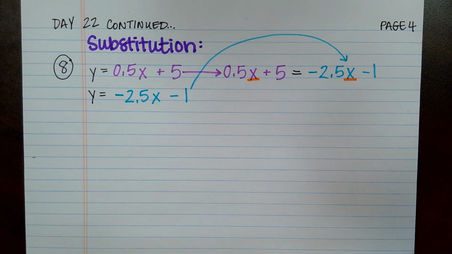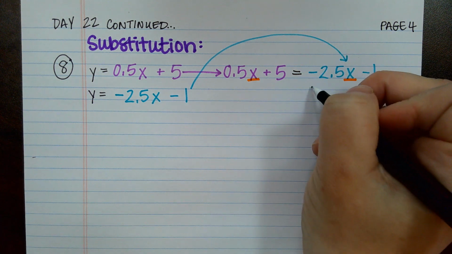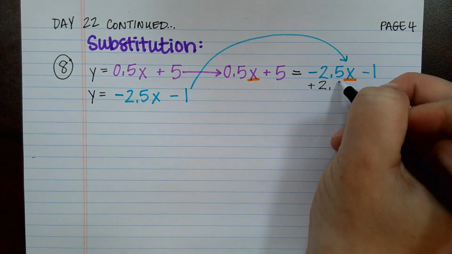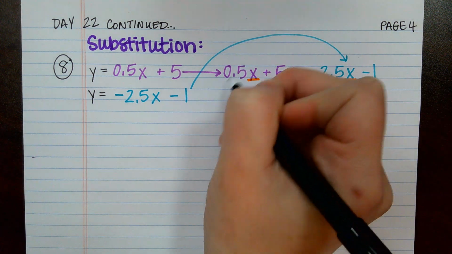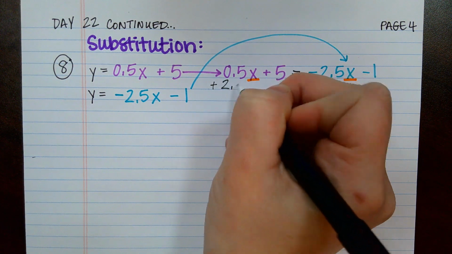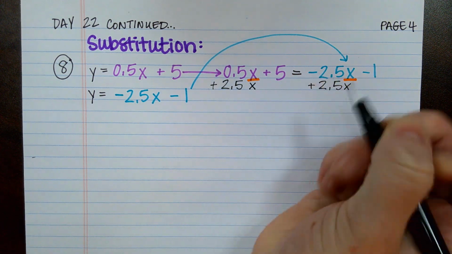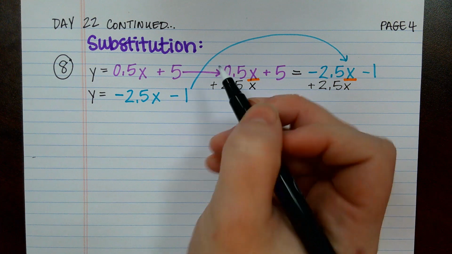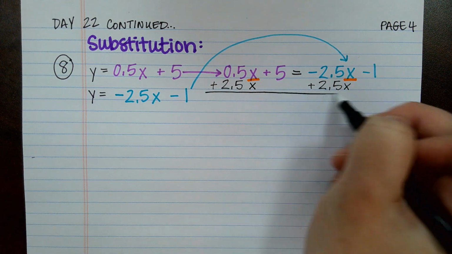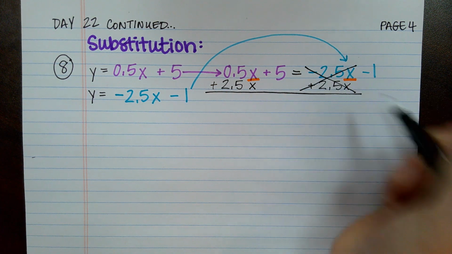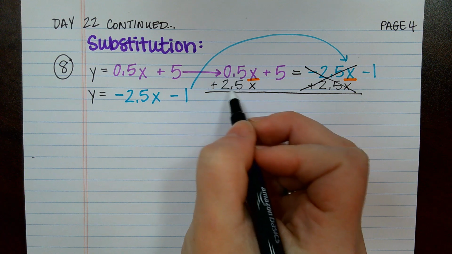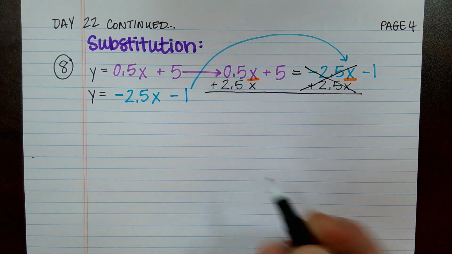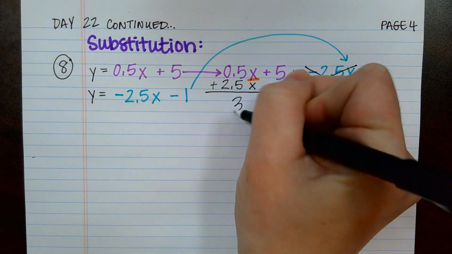Let's get positive numbers. So plus 2.5x over here. You can do either way though, right? Both ways will work. My 2.5s cancel out. Beautiful. And 2.5 plus 0.5 is 3x.